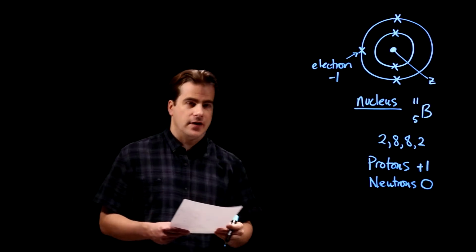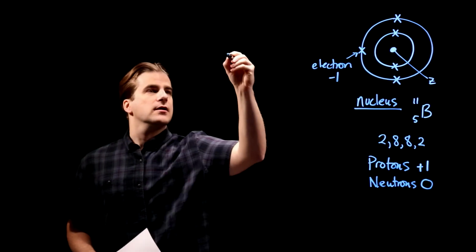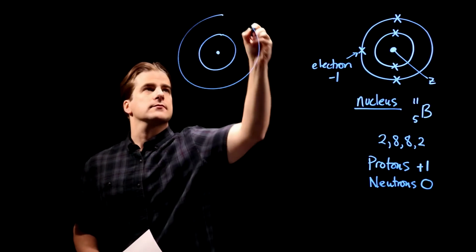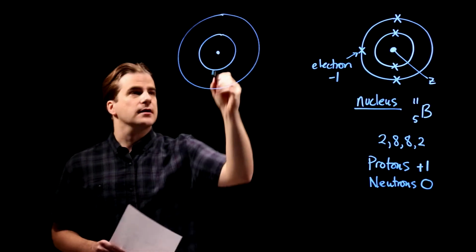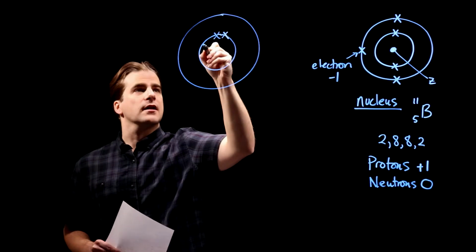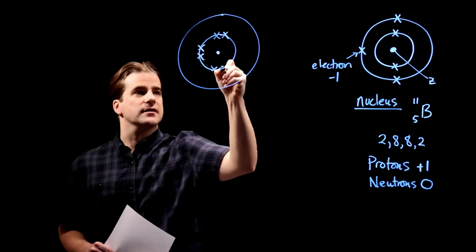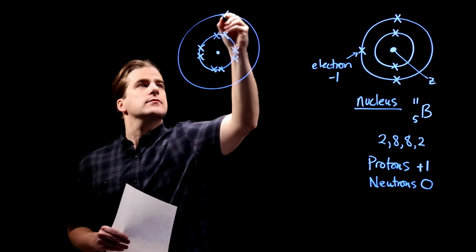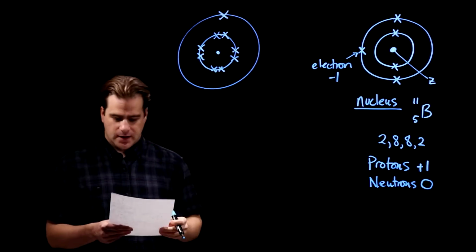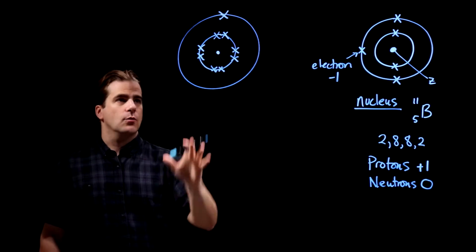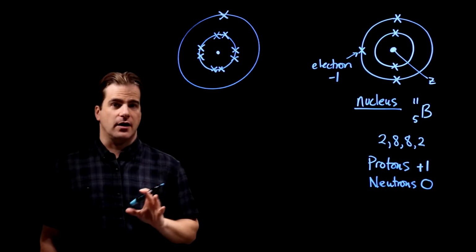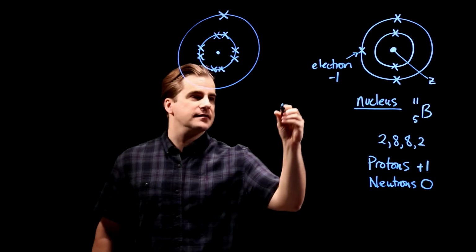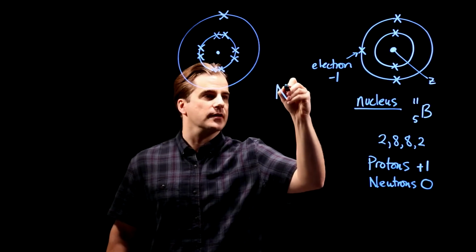Right. They've given us this drawing of a neon atom, which they've drawn like this, and they've told us it's not correct. Okay? And we have to say what's wrong with it for 3 marks. Well, they've told us it's neon. Okay?